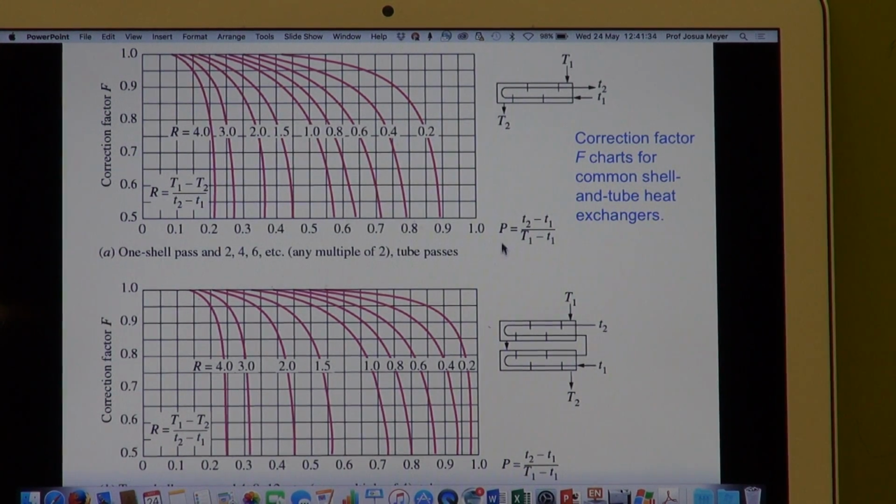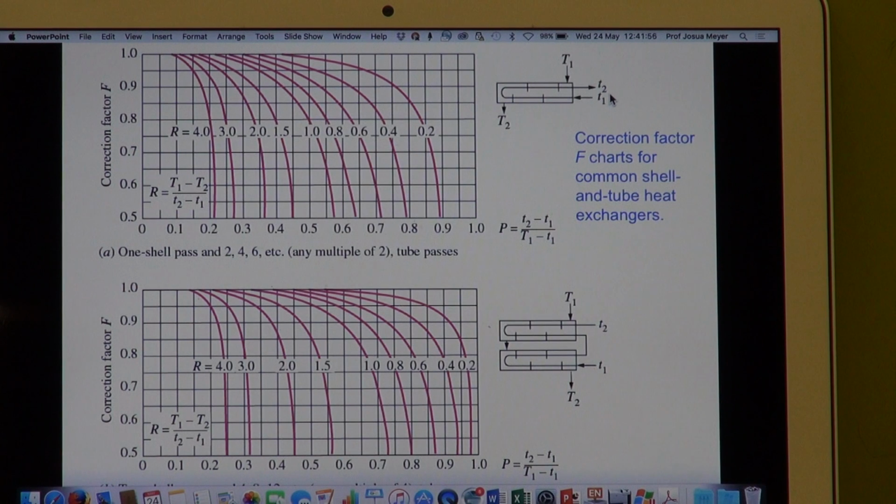Okay. However, to calculate the P and the R, we need the temperatures, and you'll see here schematically, this is typically a common shell and tube heat exchanger, so it has one shell, and there's the temperature going into the tube, and there it is going out.